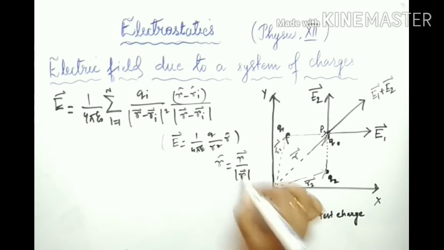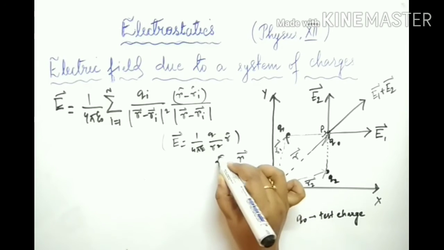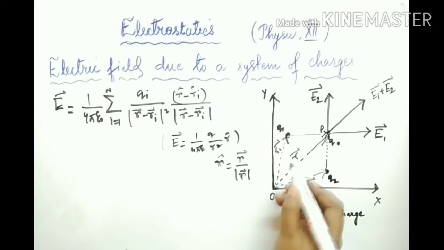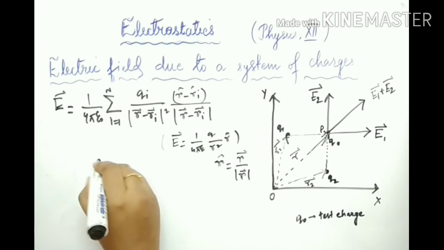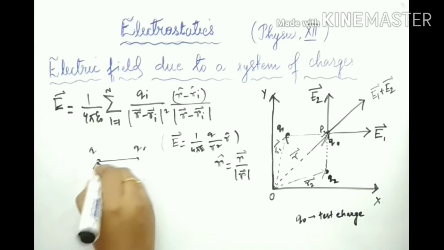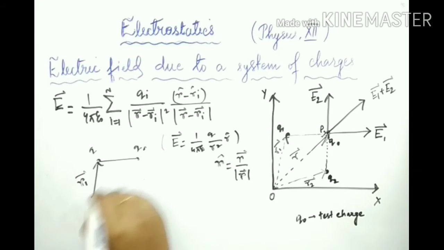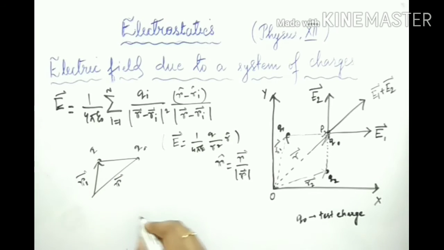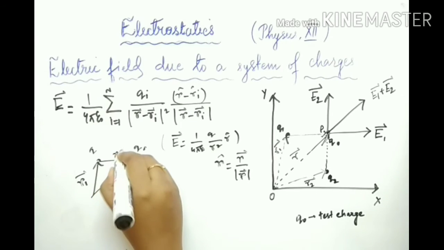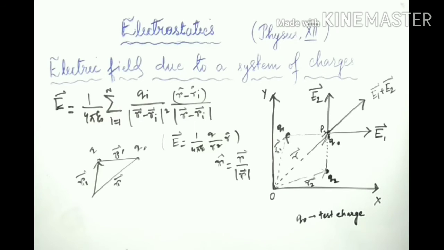Okay, so now to understand where we get this portion: suppose this is the charge q, this is the charge q naught, and this is r1. Suppose this is a vector, and we don't know what this vector is.